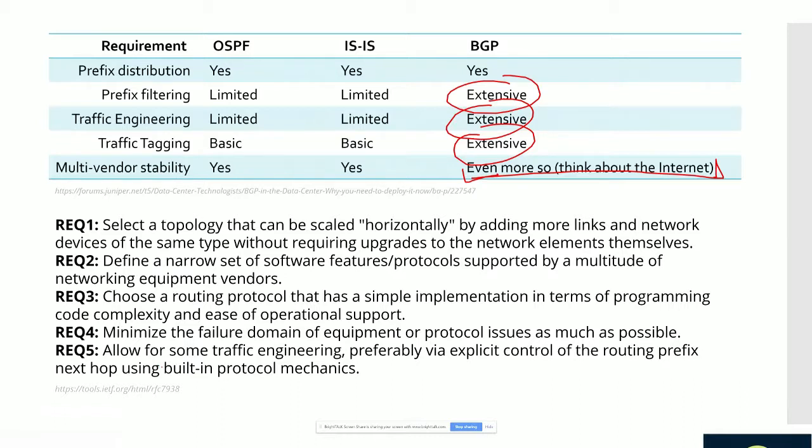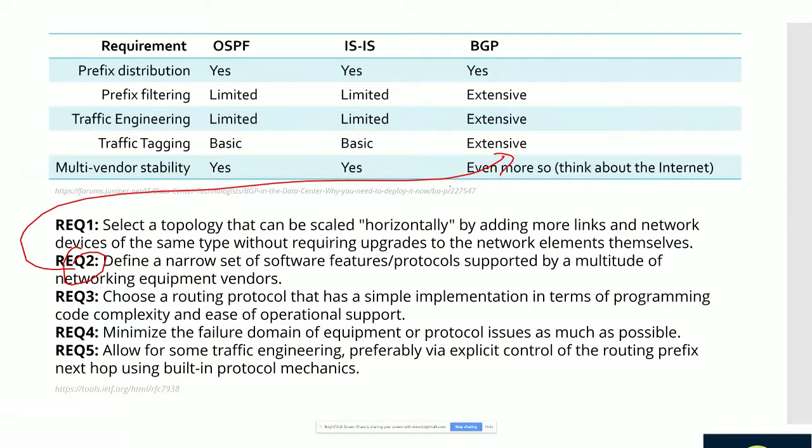So here you can see the requirements from 7938, which is an IETF document. There's a topology that can be scaled horizontally. This is solved by using a spine and leaf. And define a narrow set of software features supported by a lot of networking vendors. You'll note that this requirement actually falls into this multi-vendor stability situation right here.